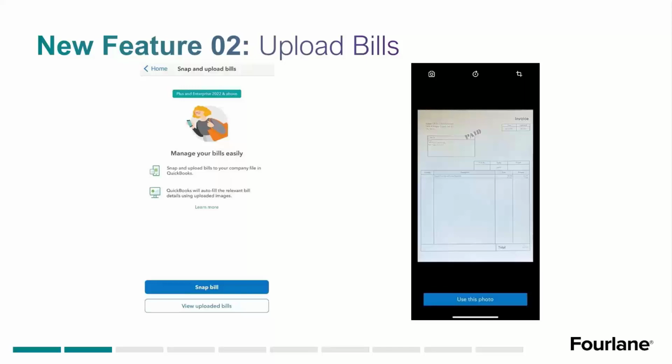So let me pause my screen for just a second so I can flip on over to my phone. We here at Fourlane use something called the Reflector app, and Reflector allows you to screen mirror your phone, but it does take a second to connect, and I always have to connect during the webinars because if I don't, it will disconnect and then not allow me to connect. So just give me a second here. All right, screen mirror.